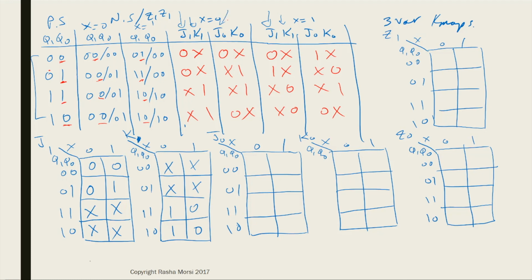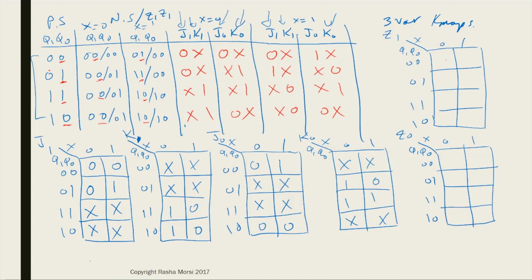We then move on to J0, and for J0 when x is a 0, we have 0, don't care, 0, don't care. And then when x is a 1, we have 1, don't care, 0, don't care. And then last of the JK inputs, K0, we have 0, 1, 1, don't care. And then for x is 1, we have don't care, 0, 1, don't care.